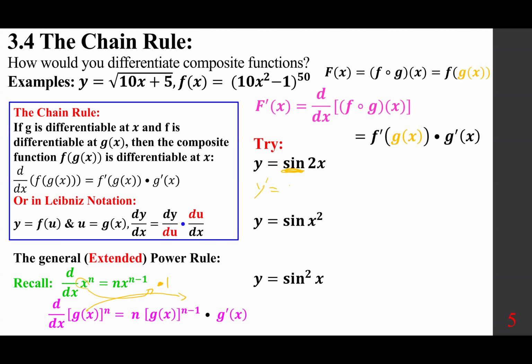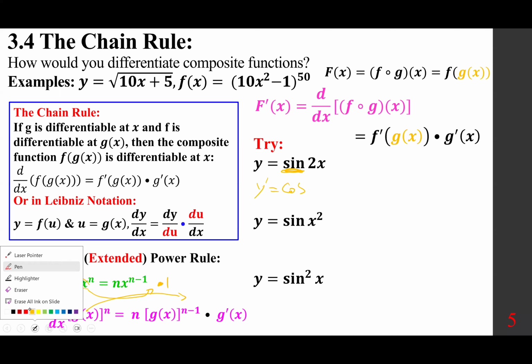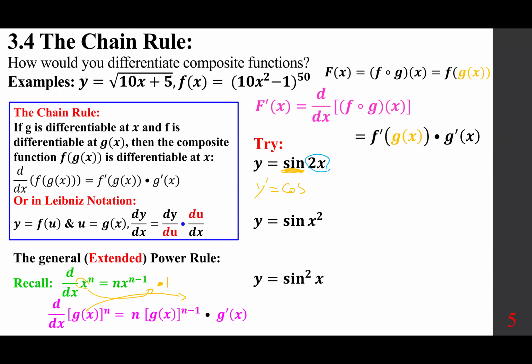For sine, I need cosine. But if you have any trigonometric function, it's meaningless without an argument. So you must have the same argument on the one hand. On the other hand, this is not x, it's a function of x, so the chain rule applies. You need the derivative of 2x, which is 2, and you rewrite it as 2 cosine 2x.